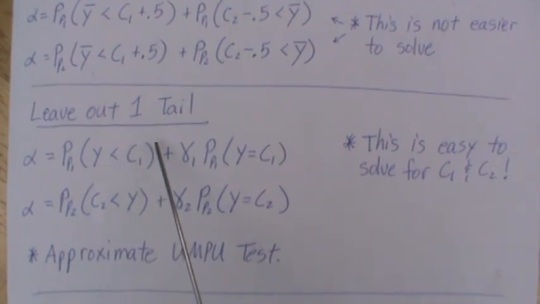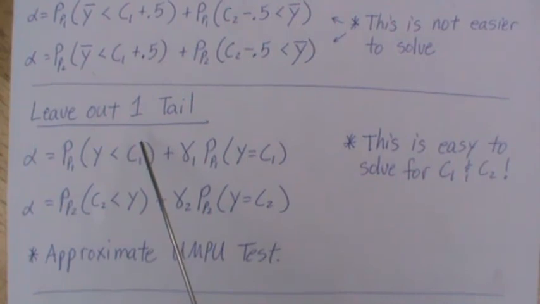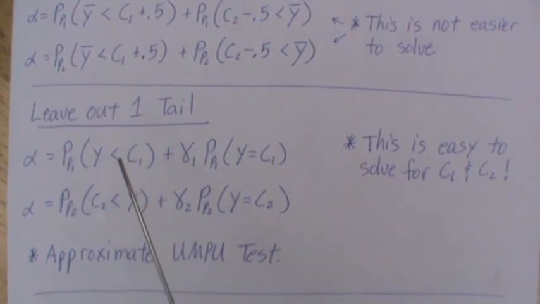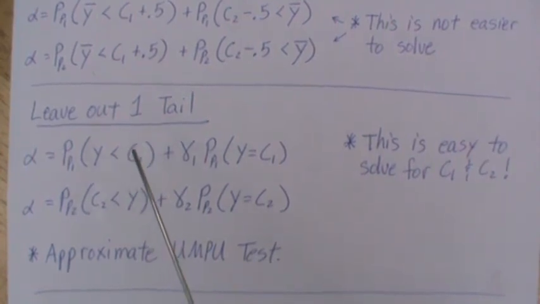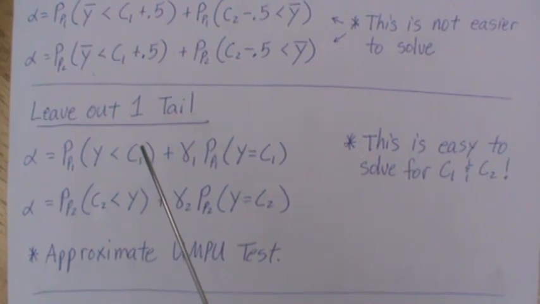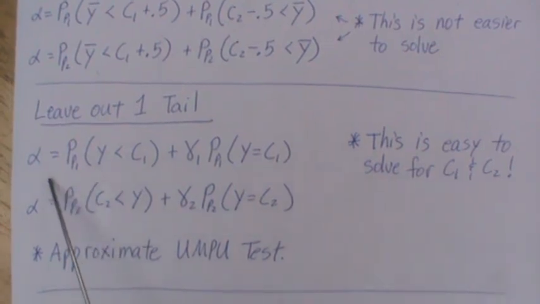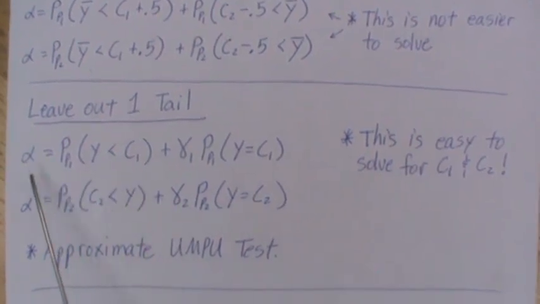And now I've never seen this test before. It's probably been done, I'm almost certain, but I've only seen it when calculating sample size for power calculations. You leave out one tail because, if you assume the true value is somewhere in the alternative region, one of those tails has a probability really close to 0 of happening. So you just leave it out and it makes everything easier. So you set alpha to the probability of being left.